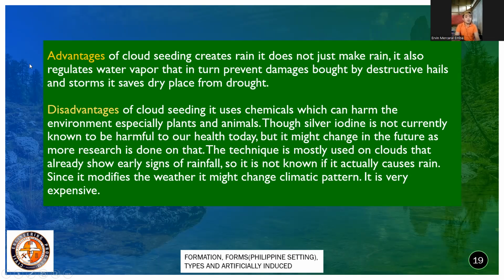As the advantages said, cloud seeding creates rain, but it does not make rain. It is just like an instrument to help us produce rain. It cannot make it, but it can help.